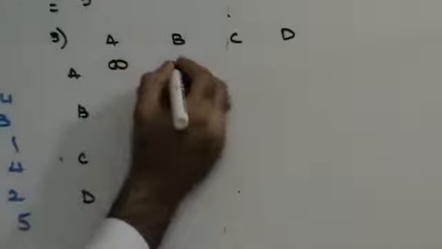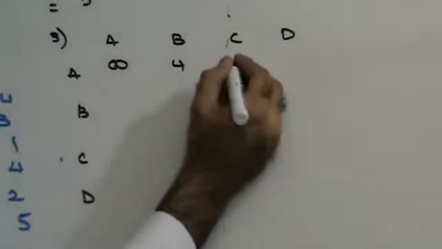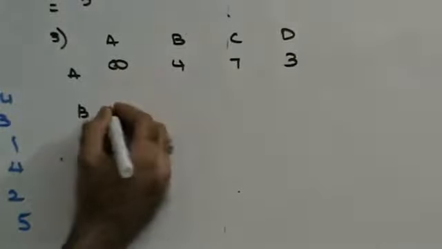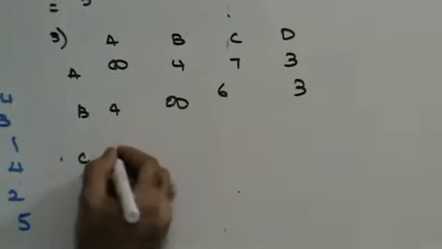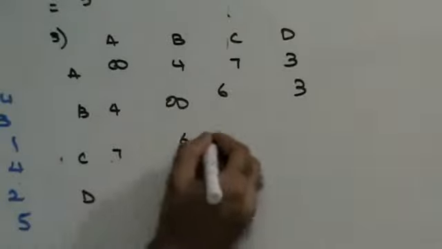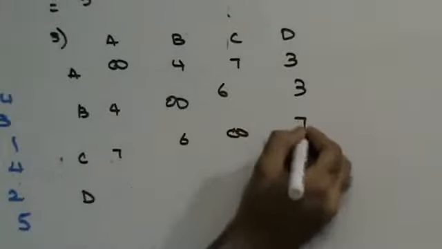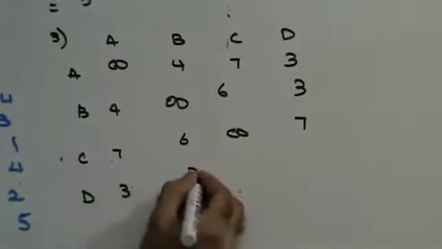The distance is infinity, 4, 7, 3, 4, infinity, 6, 3, 7, 6, infinity, 7, 3, 3, 7, infinity, right? How do I solve sums where you have infinity? The traveling salesman has to start from a location and reach the same location back, right? So let's see how I do this.